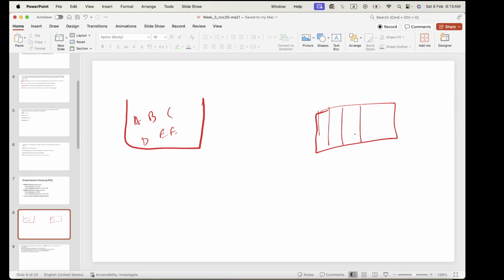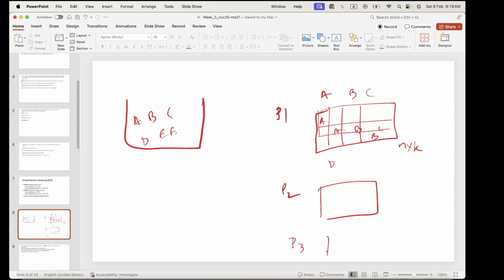You have a sheet which has all these characters, A, B, C, D, in a cross table, where you have A, B, B, C, or something like that. So participant 1 has a card like this, participant 2 has a card like this, participant 3 has a card like this, similarly.